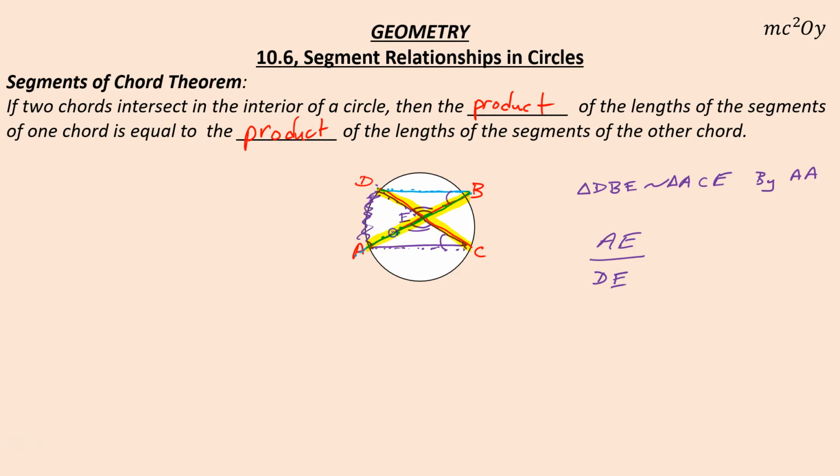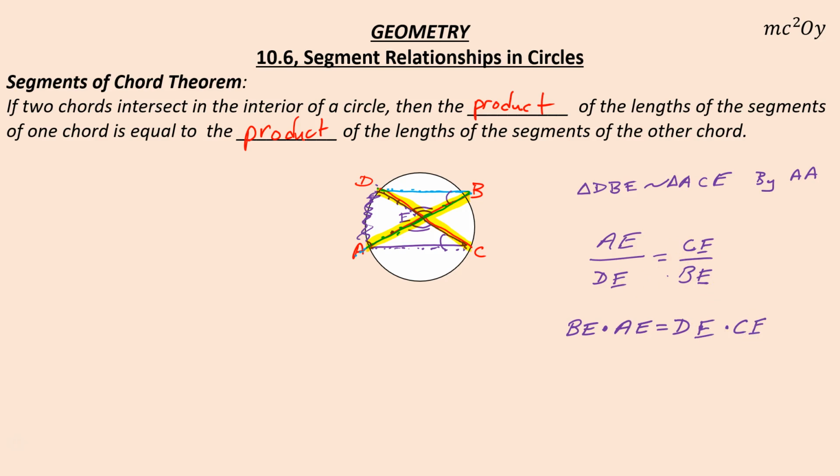So this side right here to this side right here, as CE, so we'll stick with the same triangle, so CE is to BE. Then cross multiplying allows me to say BE times AE would equal DE times CE.